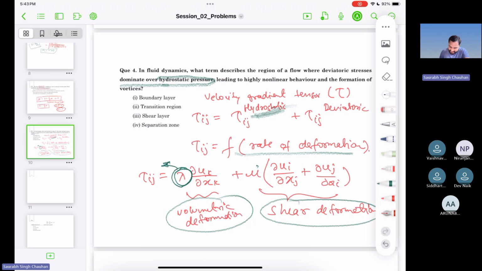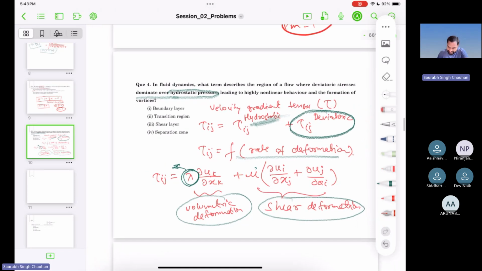So it is saying that this deviatoric stress dominates over this hydrostatic pressure. So what is that region? And in that region, it is saying that there is highly non-linear behavior and the formation of vortices. What is that region?